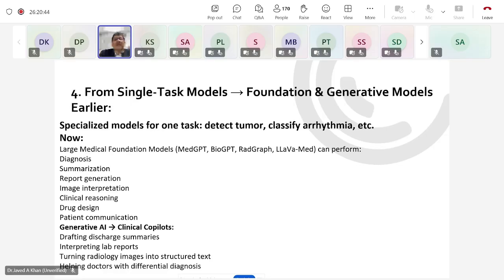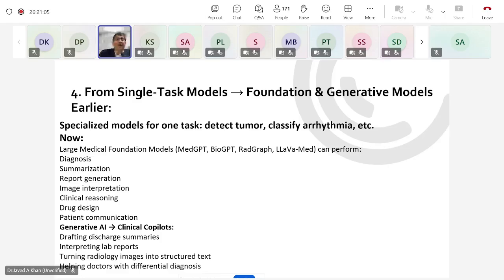Now, single task models, foundation and generative models are available. So what is here? A specialized model for one task: detect tumor, classify arrhythmia, and so on. We can detect the different tumors and types of tumor.